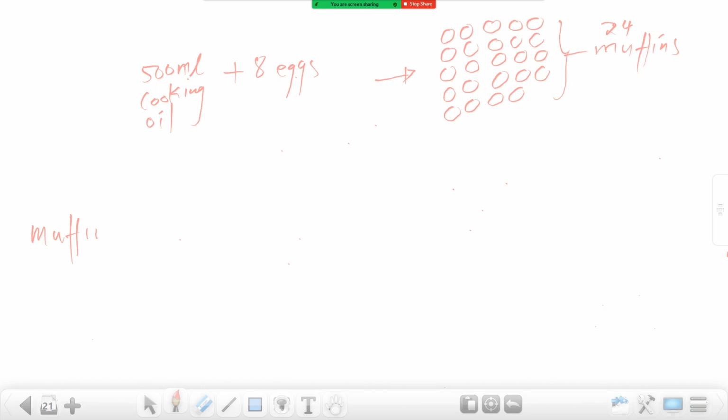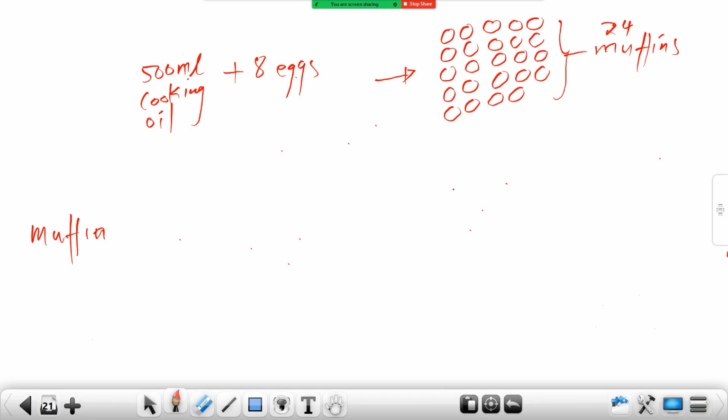Okay? Because the muffin mix will come in different flavors, like vanilla or cappuccino, depending on what you prefer. But all of them will still say I need 500 ml of cooking oil and 8 eggs.